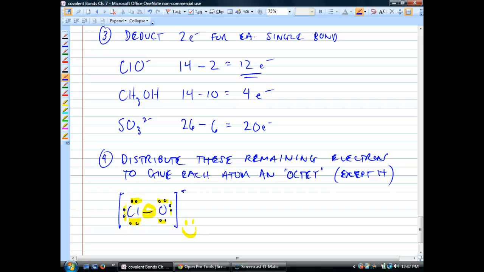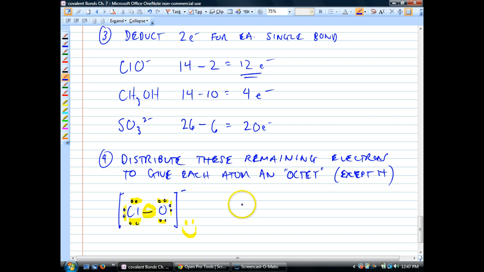Atoms are communists. Basically, when they get together, everybody throws all their electrons into a common pool, and then they redistribute them according to the need of each. From each according to his valence electron number, and to each according to his need. That is the dictum of the atom.